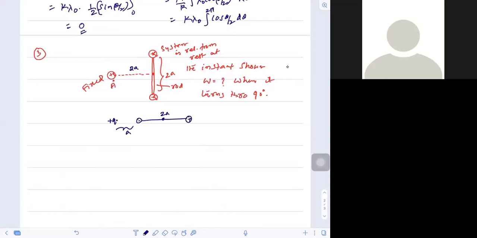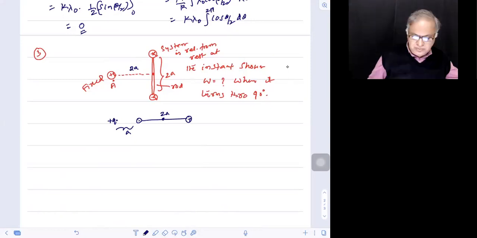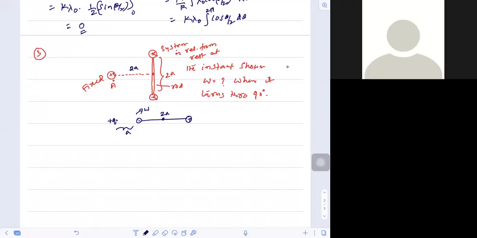Is it okay? But here it will have some kinetic energy, right? Rotational kinetic energy will be there at this point. Where did it come from?